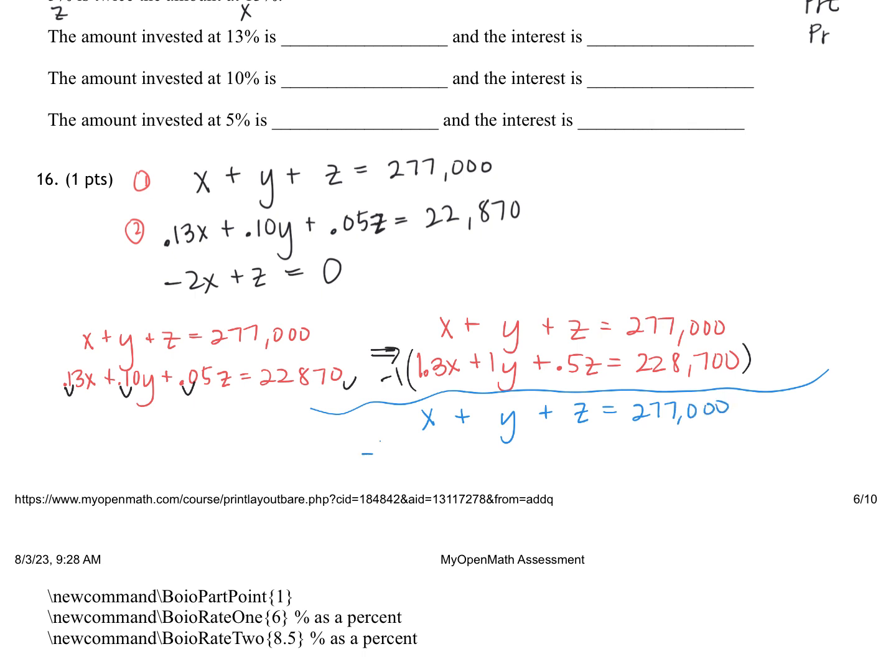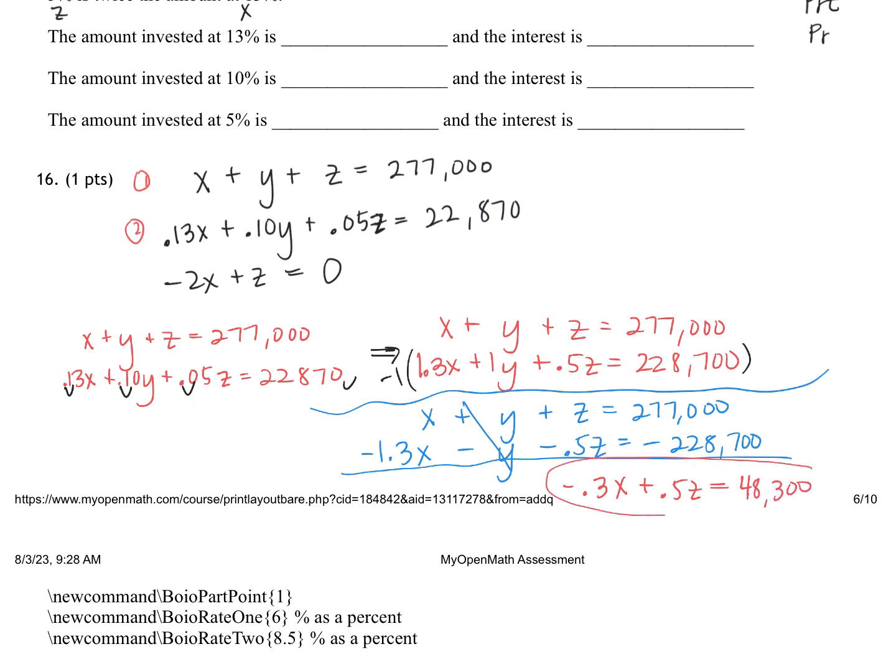And on the bottom, we'll have negative 1.3X minus Y minus 0.5Z equals negative 228.7. And then when we add these together, we'll see the Y's cancel out, which is what we wanted. So we'll have negative 0.3X plus 0.5Z is equal to $48,300.